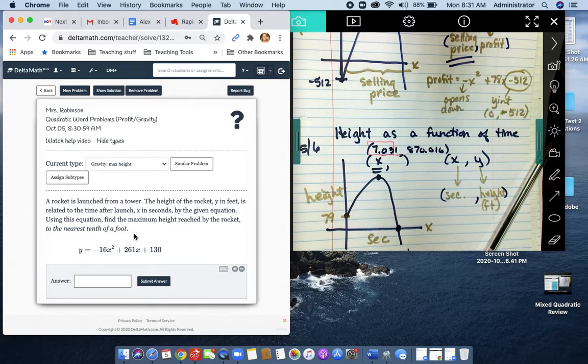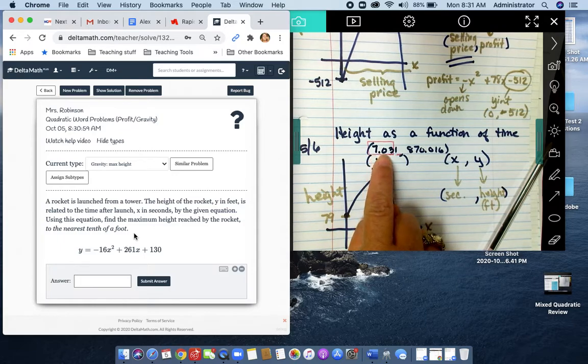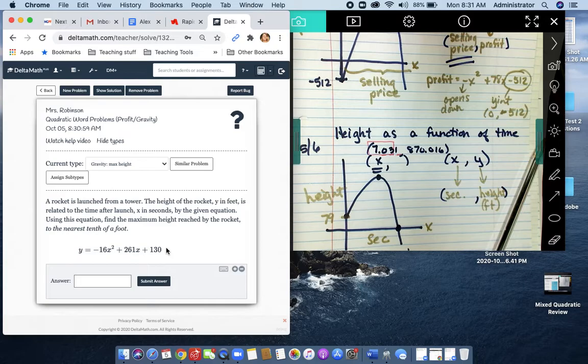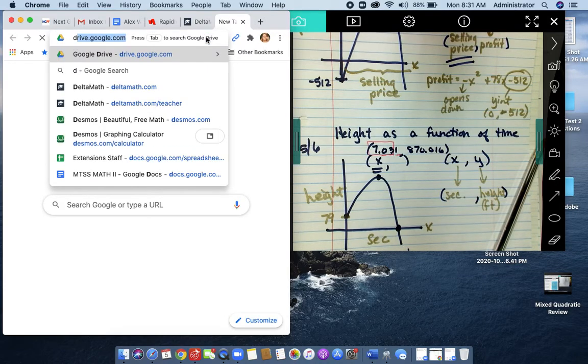So remember what I said, tenths place, if this is tenths, hundredths, thousandths, tenths place means they want us to round it to one number after the decimal, okay? So if this were the right equation, it's a different equation this time, but we want to round to one number after the decimal. So I'm going to take this equation, open up Desmos. Did I close it again? I'm good for that.